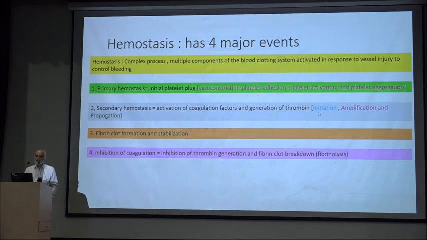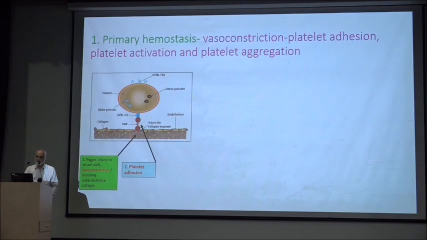Again there are three basic steps: initiation, amplification and propagation. Now after thrombin is generated, then fibrin clot is formed and it is stabilized, and after that inhibition starts so that there is no excessive coagulation. So these steps are inhibition of thrombin generation and then fibrin clot lysis, that is fibrinolysis.